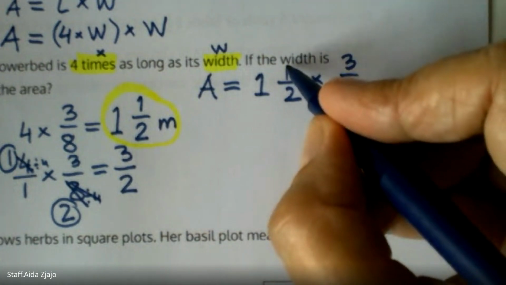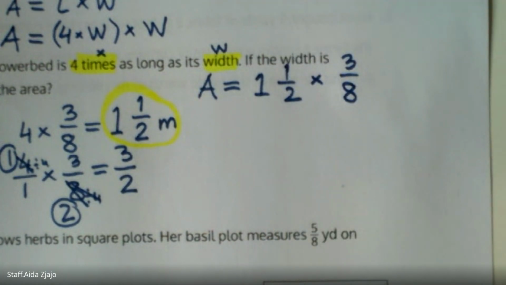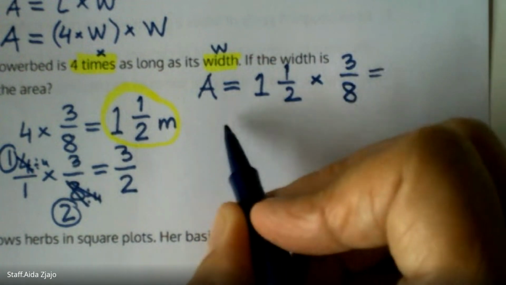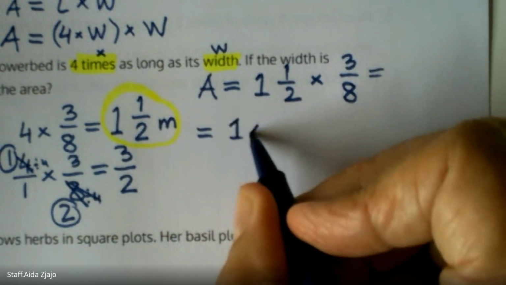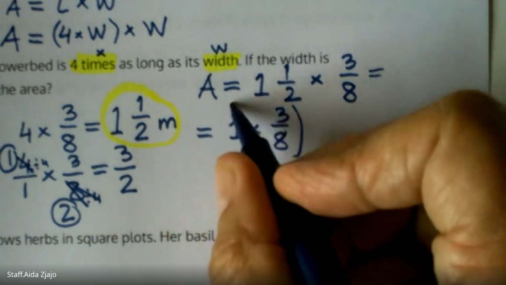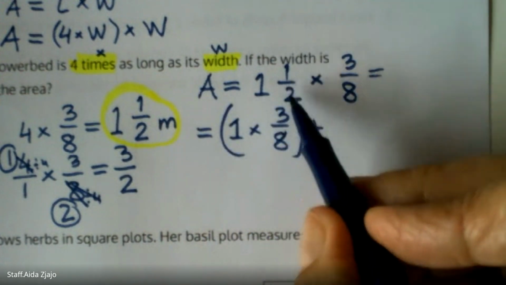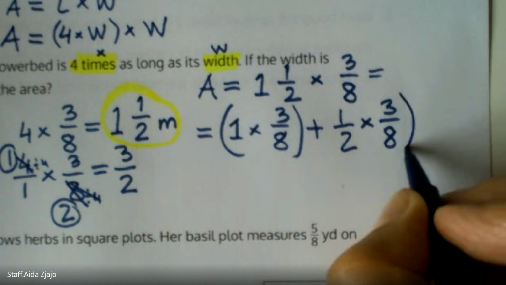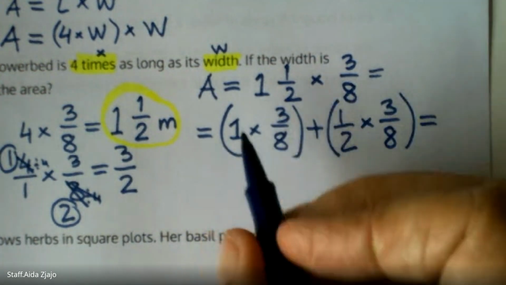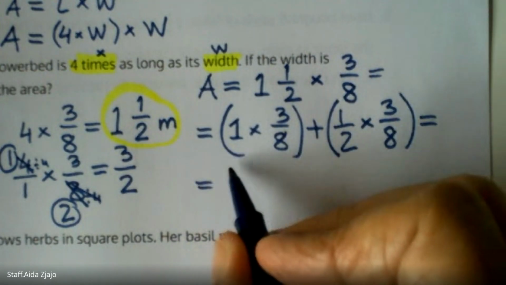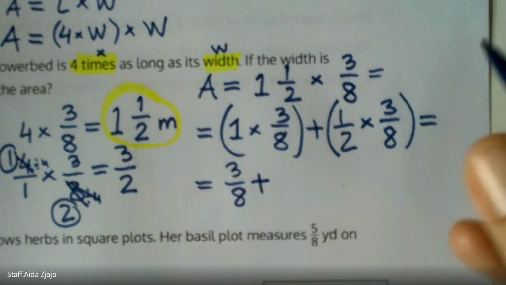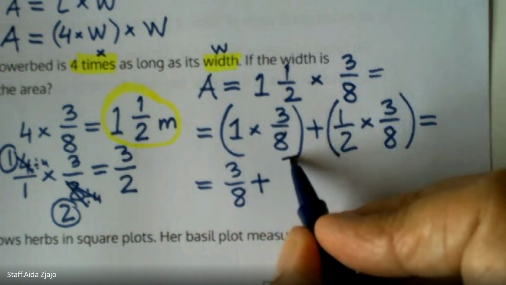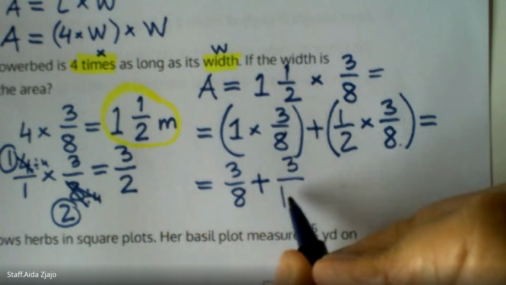If I use the distributive property, I can do 1 times 3/8 plus half times 3/8. So 1 times 3/8 is 3/8 plus half of 3/8. 1 times 3 is 3, and 2 times 8 is 16.